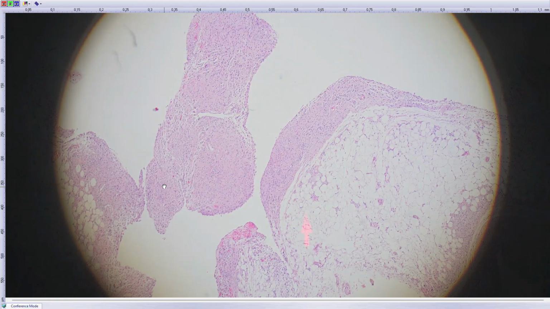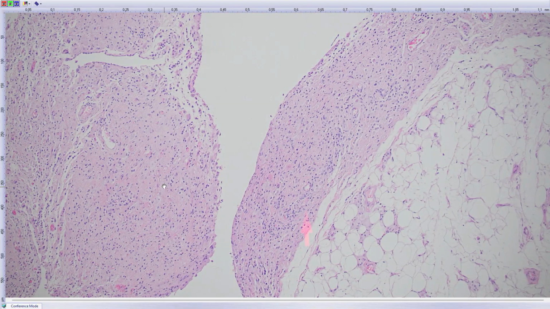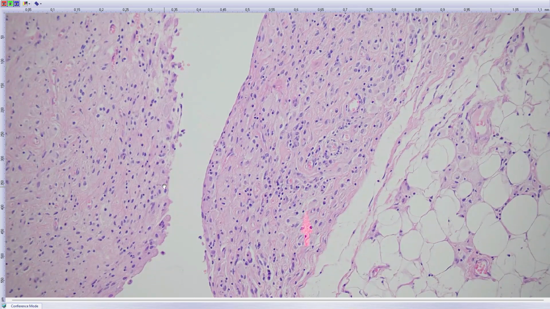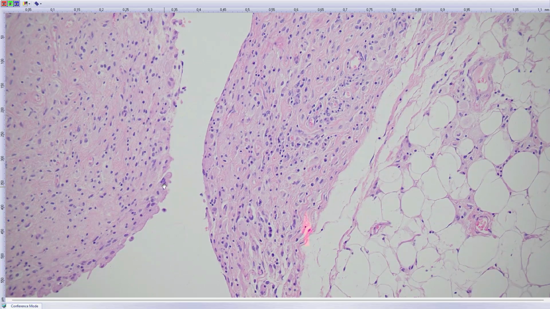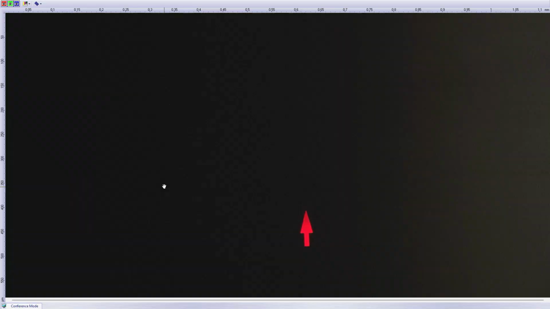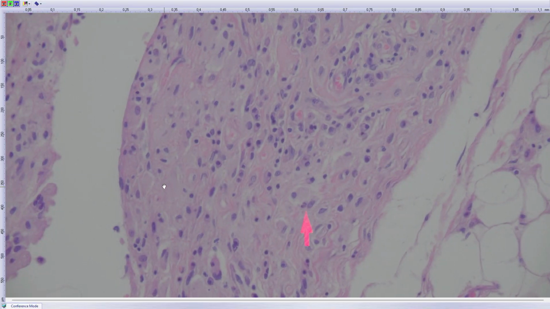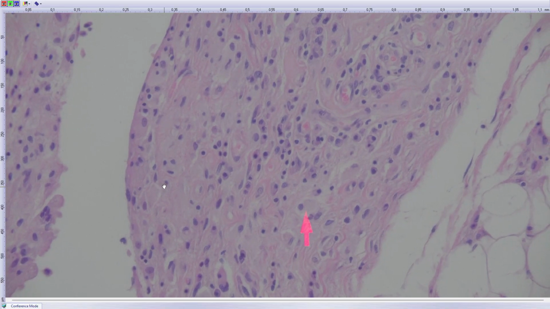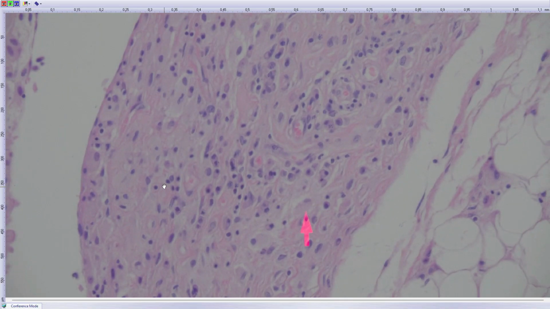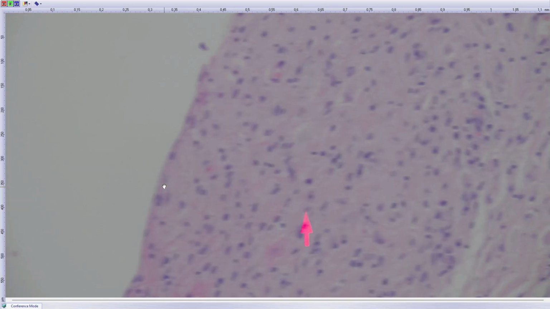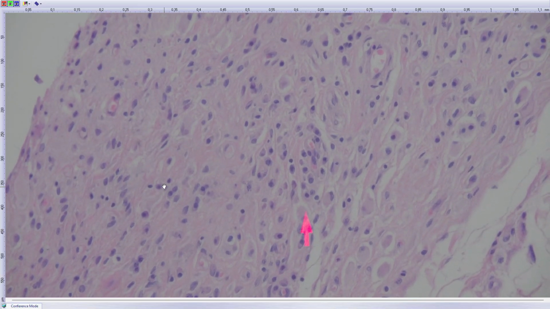In the areas where the tissue is not damaged, you can see the cells much better. And of course there's a lot of lymphoid tissue, mixed, but the predominant cells are these plump epithelioid or plasmacytoid looking cells, which are quite large, but otherwise have relatively bland features, such as this one here.